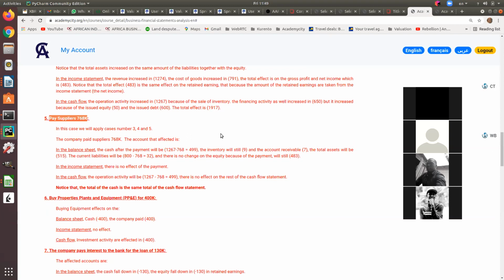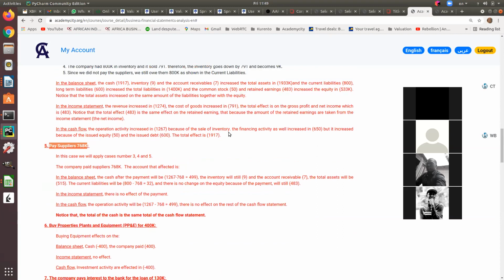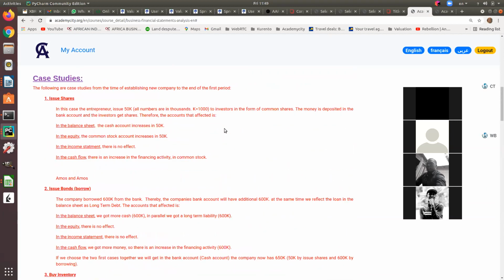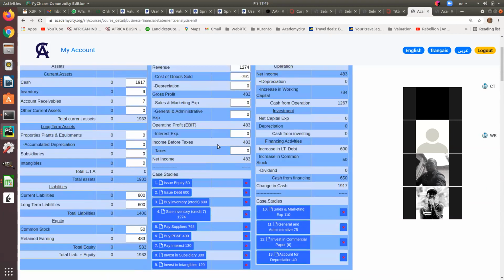What happened to our money in the bank? We're paying the supplier, so our money in the bank will go down. So let's think about it one more time. Please pay attention. Transaction number 4 affected the balance sheet and the income statement. This transaction, paying the supplier, does not affect the income statement.